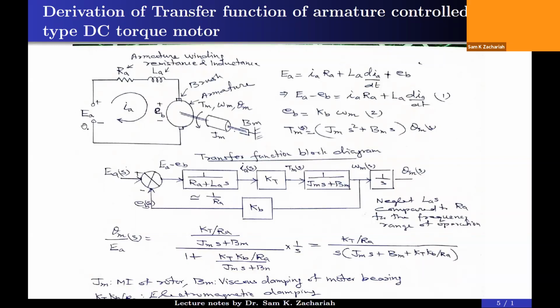We have the applied voltage across the armature coil. Armature electrically you can represent like this: resistance of the coil in series with inductance of the coil, and that is in series with the back EMF generated. And the direction of back EMF is in such a way that it will oppose the very cause producing it.